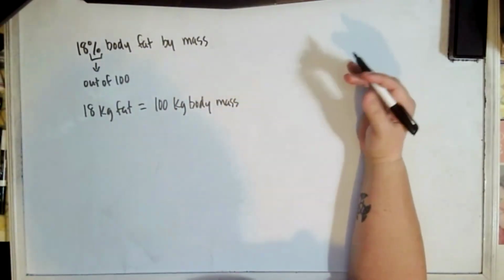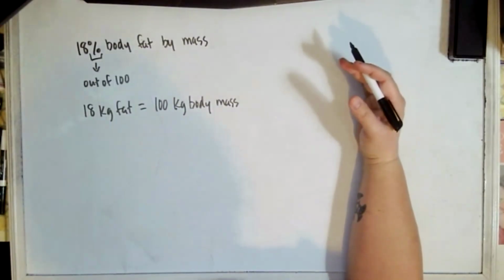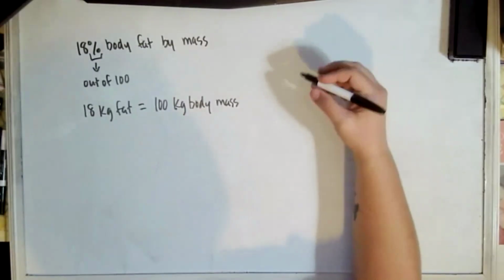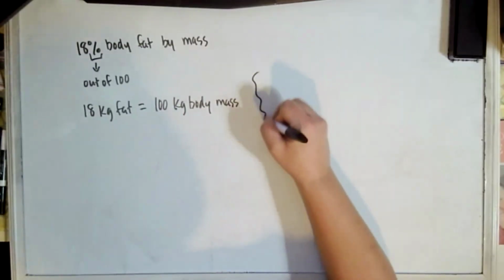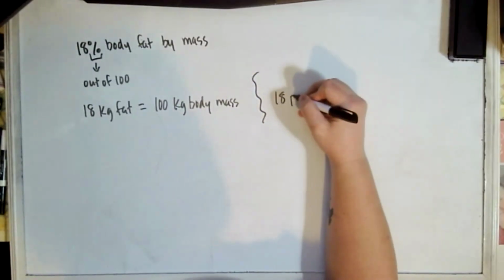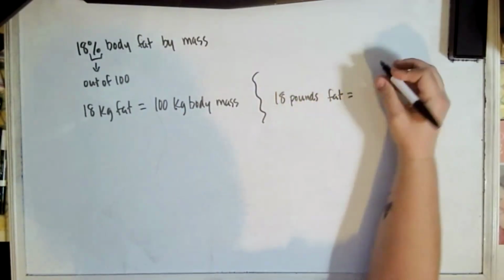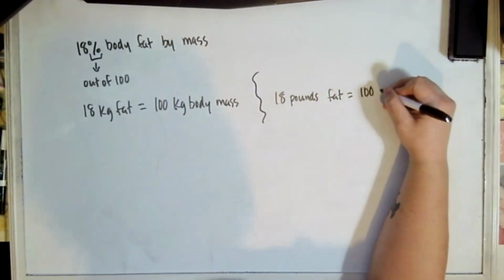If you were looking at mass in terms of pounds instead, you could say that you'd have 18 pounds of fat in every 100 pounds of body mass.